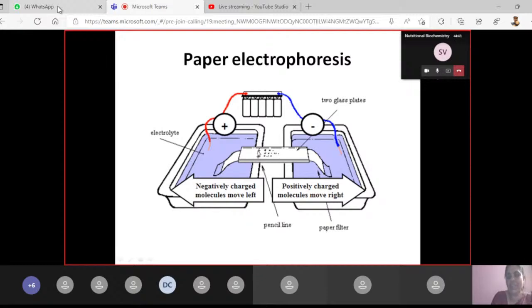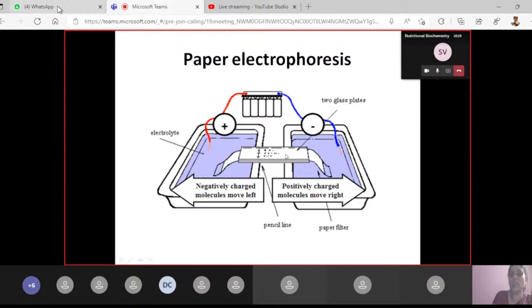So now you have placed your amino acid, proteins or nucleic acid, whatever it is. So your buffer will start moving due to the electric current. When you switch on the electrode, apply voltage, the buffer will start moving because of the ions present in the buffer. Okay. So now, if the molecules are positively charged, they will start moving towards the cathode.